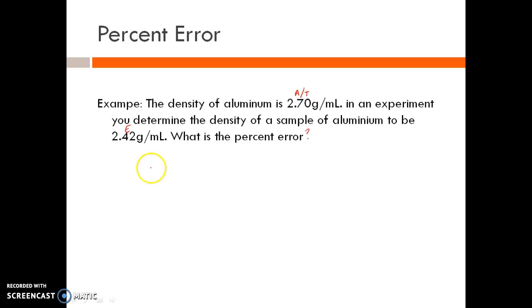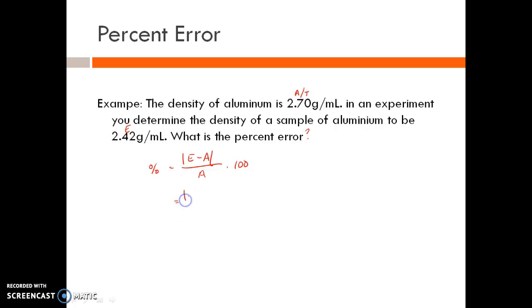Well, my percent error is going to be the absolute value of our experimental minus the accepted, divided by the accepted, times 100. Remember my accepted value is 2.70, my experimental is 2.42.